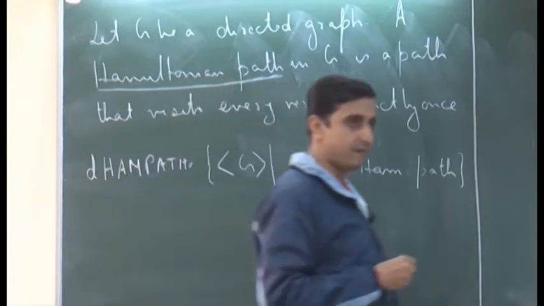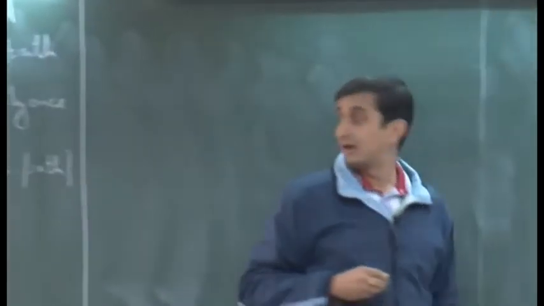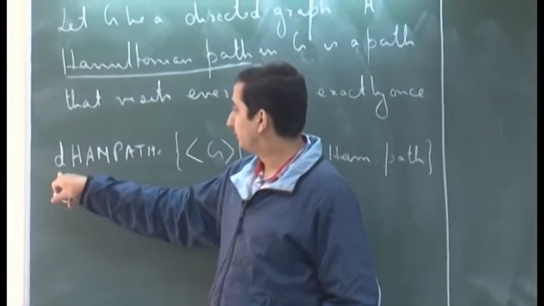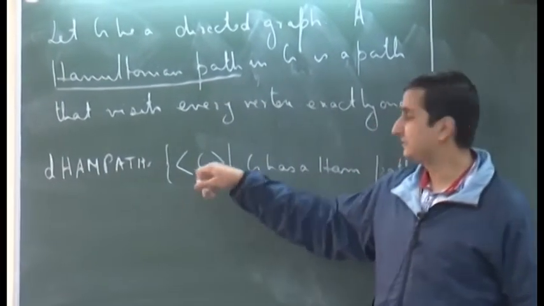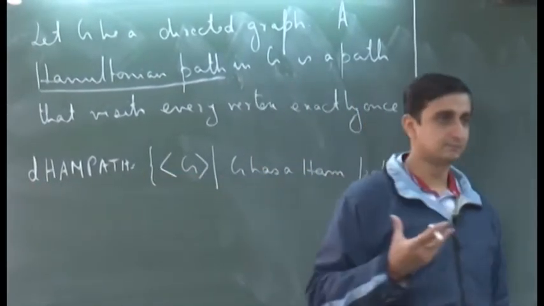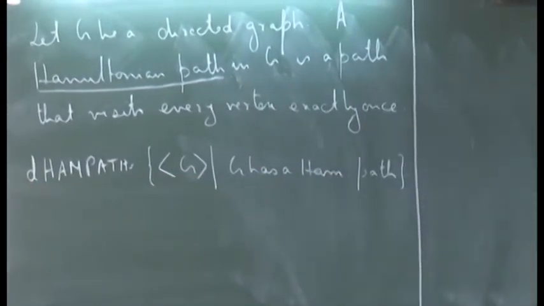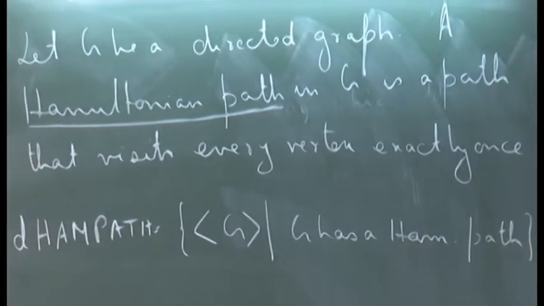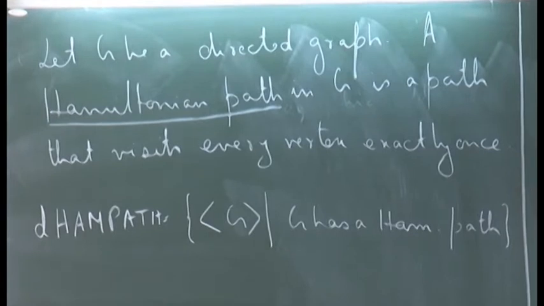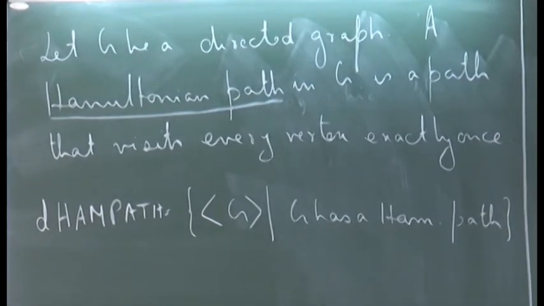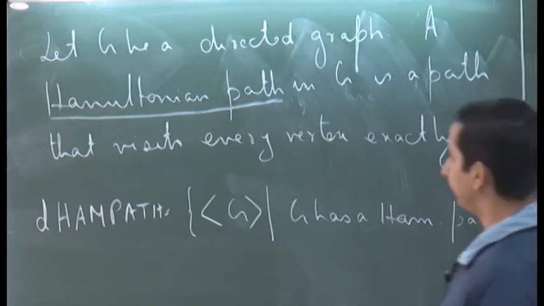Okay. D just stands for the fact that G is a directed graph. I am just defining a language, D Ham path, so it is just the name of this language. You can also define Hamiltonian path for undirected graphs, and even there it is NP complete, but we will just look at the directed version in this class.